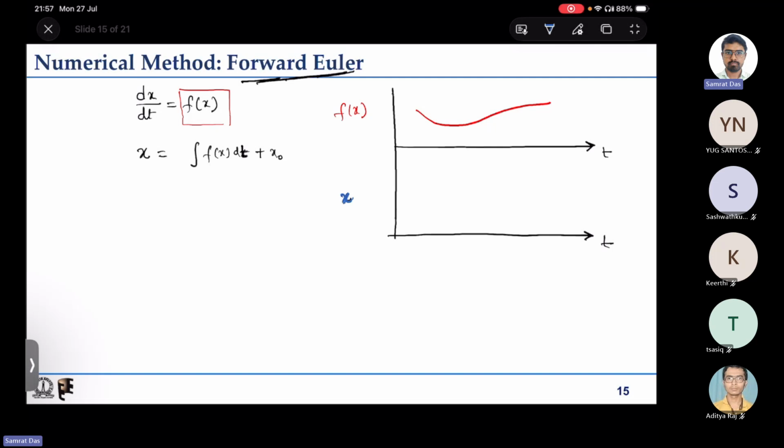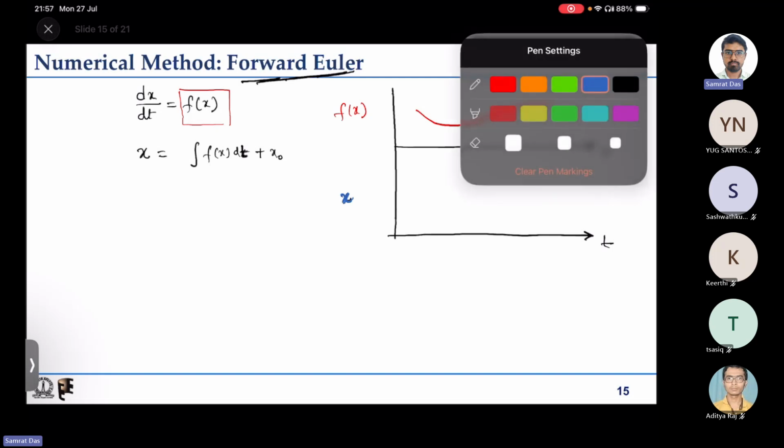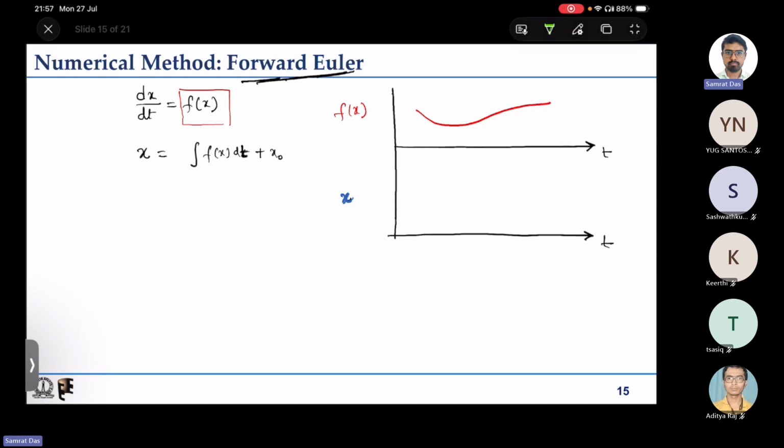Right? So we want to discretize, that means we have to focus on two instants. One, say, is the present instant, the kth instant, and say this is the k plus 1th instant.